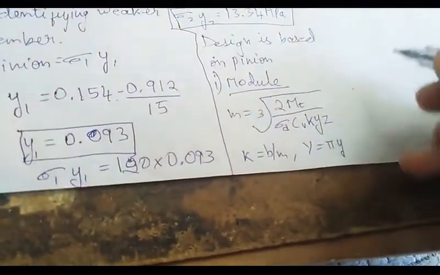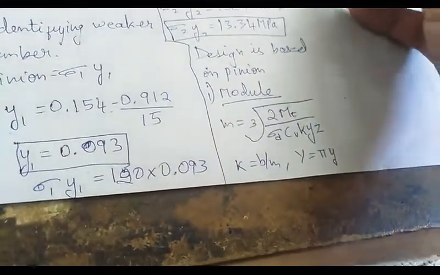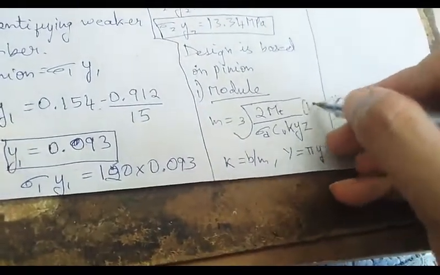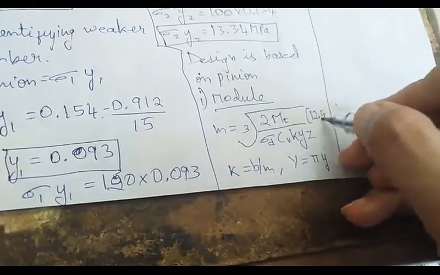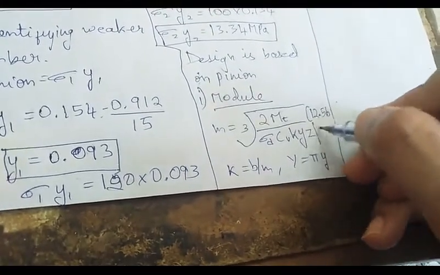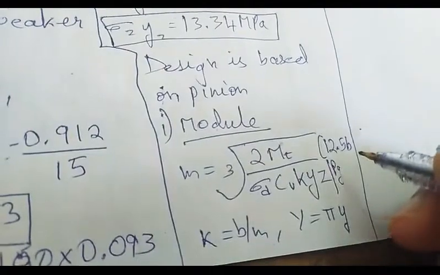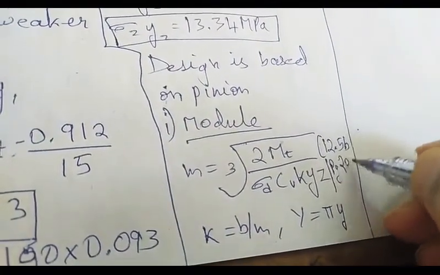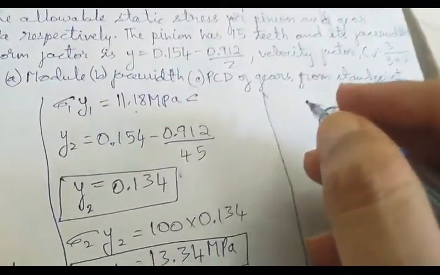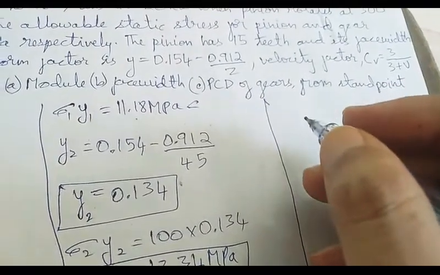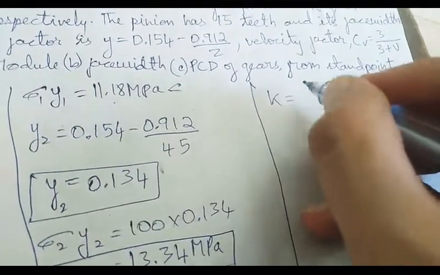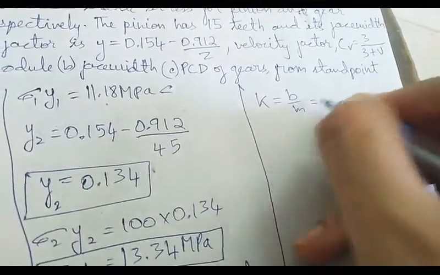We shall write equation number 12.5b, page number 204. We shall assume the value of k as b by m.